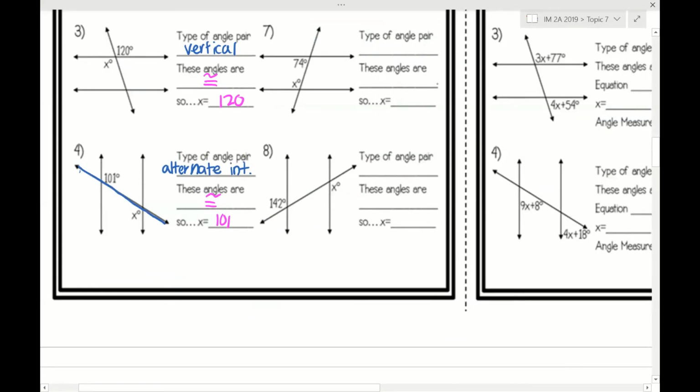For number 7, we have two angles that are in between the two parallel lines. So that means that they are interior angles. And then if I compare with the transversal, notice they're both on the left side of the transversal. And so that means that they are same side interior angles. Okay, so same side interior angles are supplementary angles.